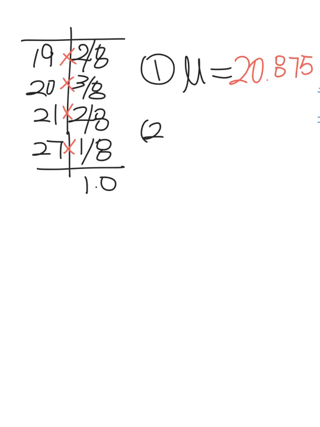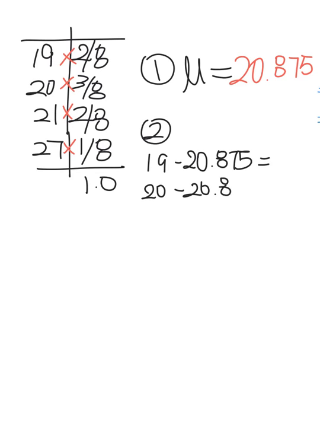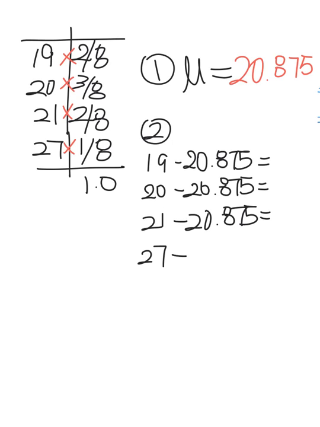Now, to take the standard deviation, take the difference again, right? So 19 minus 20.875. 20 minus 20.875. 21 minus 20.875. 27 minus 20.875.